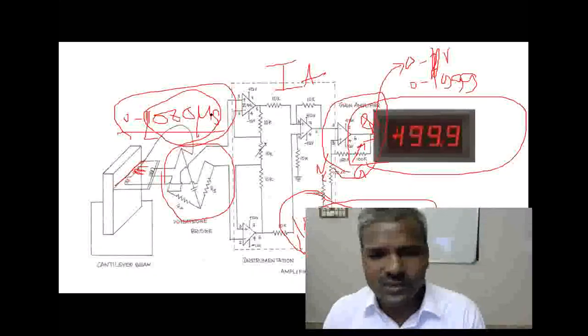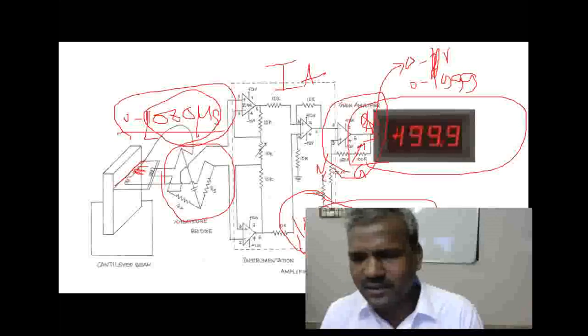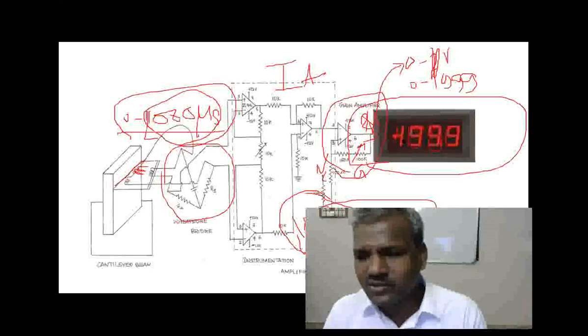Because when 1000 micro strain is there, 1 volt is coming, so 1000 counts will be displayed. So 1000 counts is calibrated as 1000 micro strain.